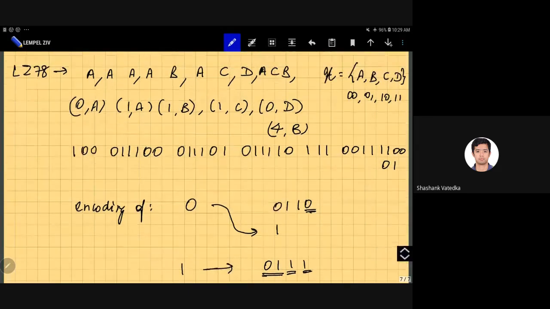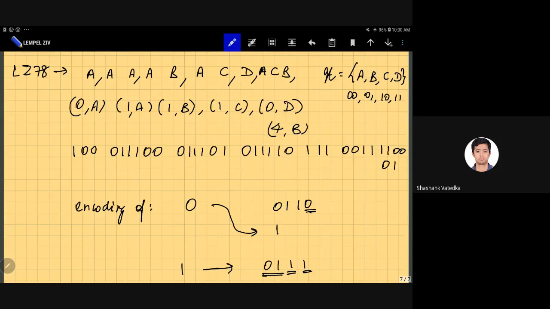Right? So the sequence AAAAA, BAC, DACB would be encoded using LZ78 in this particular form. All right. And how would the decoder work? The decoder starts from the very left.